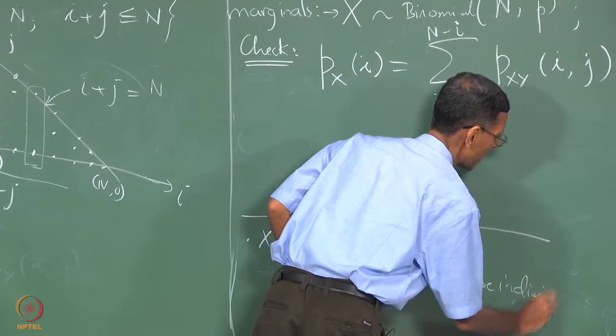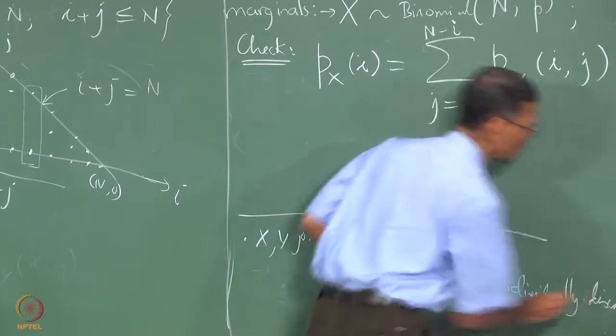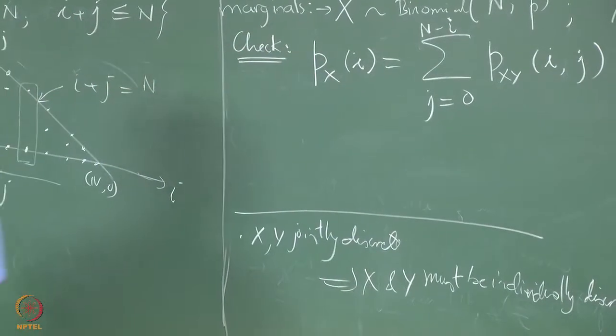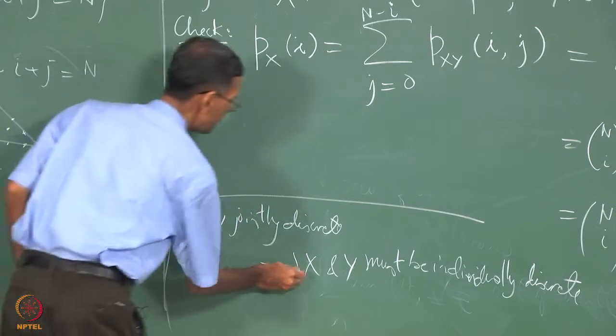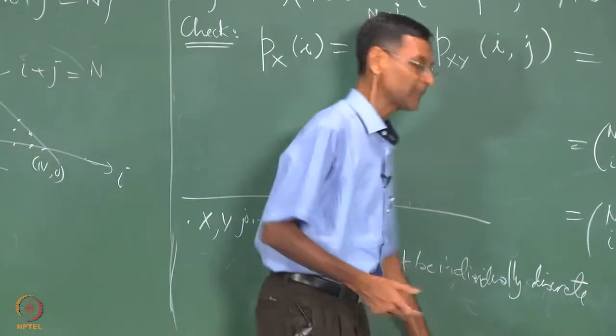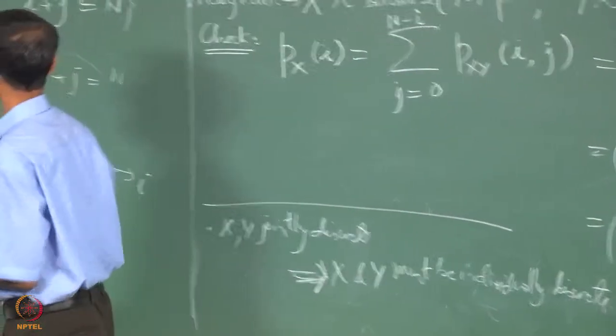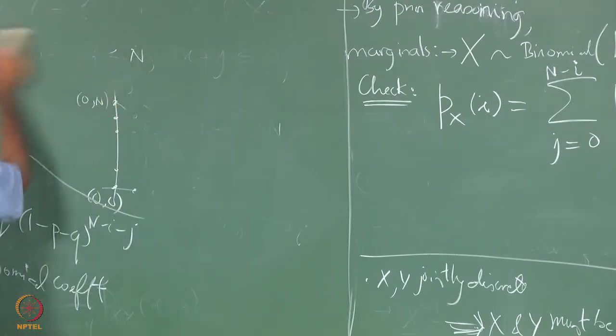In other words, the set of values that they can individually take is also countable. So all these discrete random variables fit into a nice pattern of points.